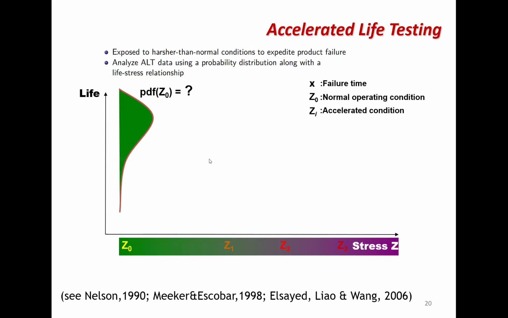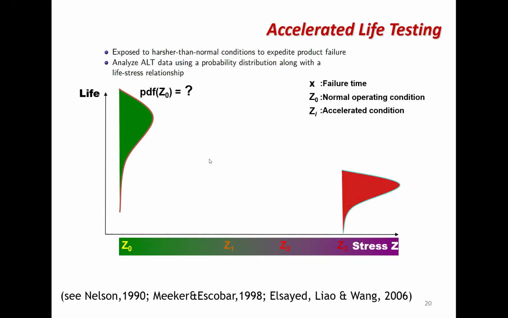Now, let's talk a little about the accelerated life testing concept. Assuming you have a goal to estimate the reliability of your newly developed product under normal conditions, but failure time data is difficult to collect. I don't want to wait until I get some failure times. Of course, all the units are censored, and I cannot fit a failure time distribution to the censored data.